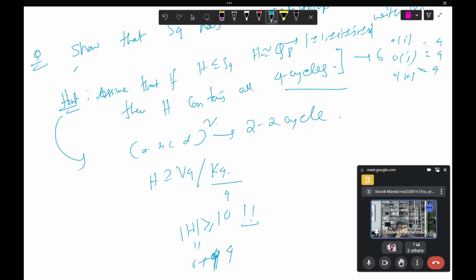So these consist of 4-cycles. Now consider the elements ij, jk, ki. The orders of these elements are also 4. You can calculate it using the definition. So Q8 contains all the 4-cycles. So that's the whole argument. Do you understand?